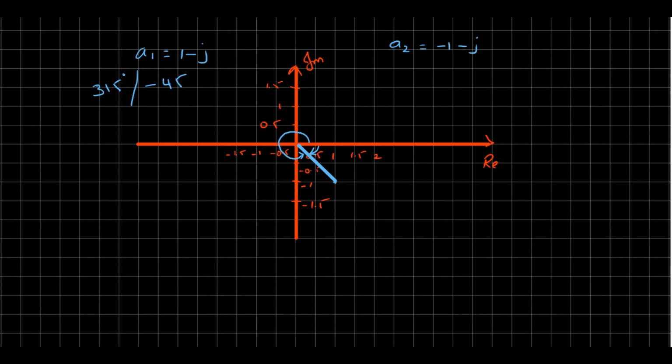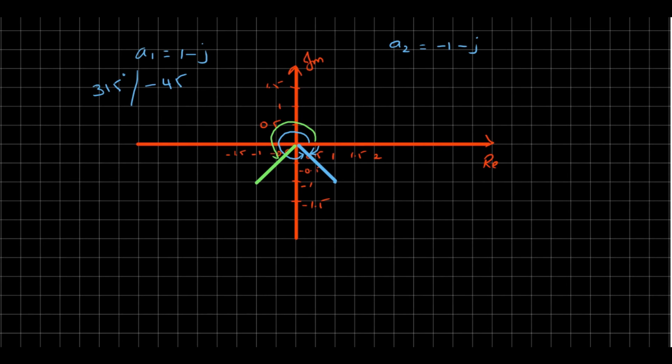The second is minus 1 minus j, which is in the third quadrant. Now the angle is again in two ways.